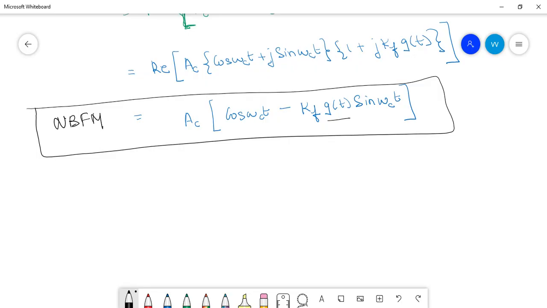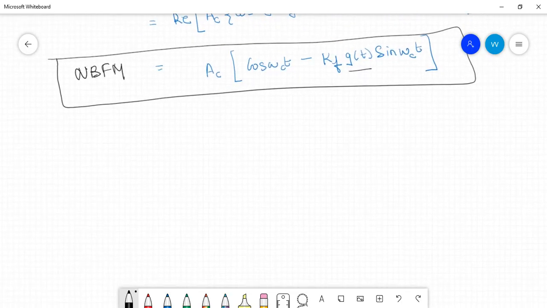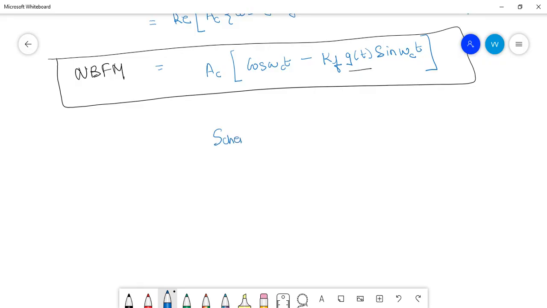So if someone were to generate narrowband FM, what is the scheme? First, you have to generate g(t). So you have m(t) over here, and you integrate that to get g(t).